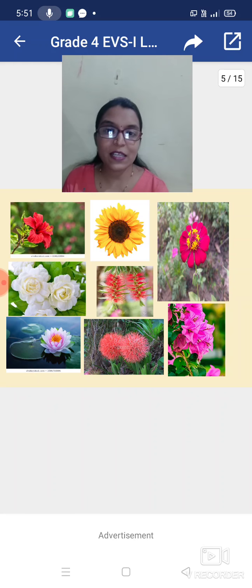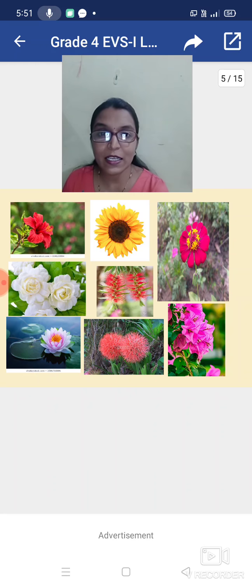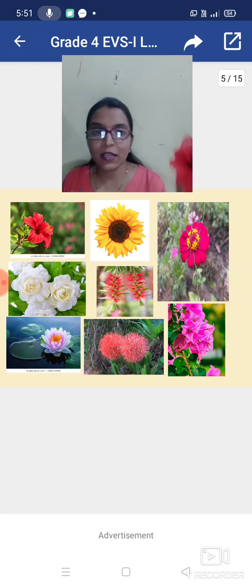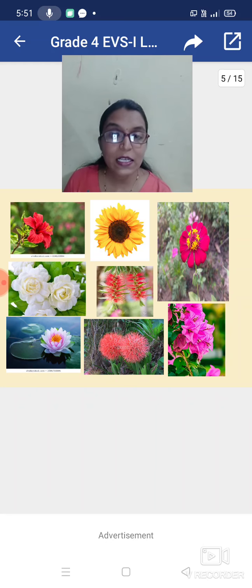See, in this picture you can see very colorful flowers. In the first picture you can see hibiscus. Then the yellow one is sunflower. Then next is zinnia. Then next is jasmine. We often call that mogra.